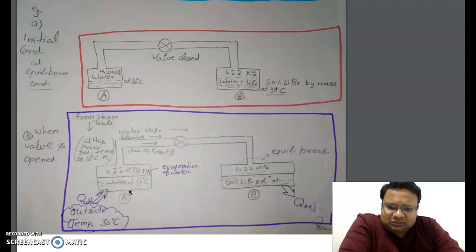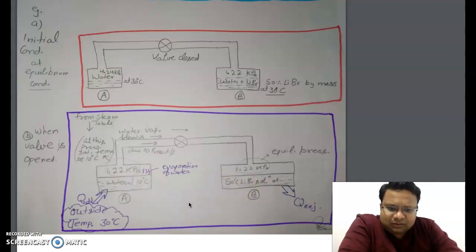So now suppose all the water evaporates, so this vessel will become empty, and this lithium bromide solution with water will also become saturated at one point of time. So this will be an intermittent system.